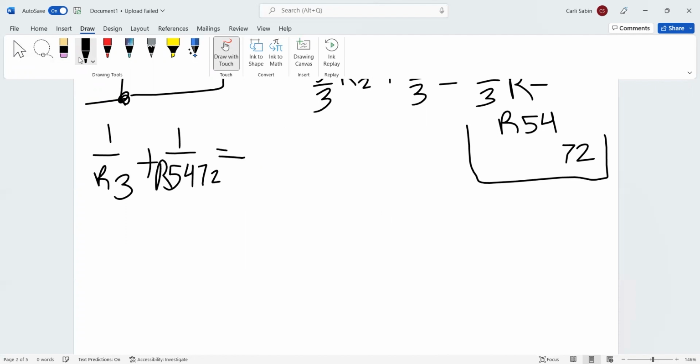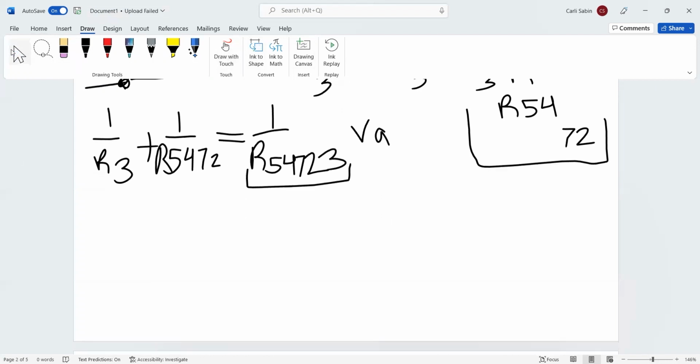So let's write that. This is going to give us 1 over R of 5,4,7,2,3, right? Keep in mind that this R value is going to be the resistance going through VA. So we're going to use that later, but let's just go ahead and keep moving forward with this.